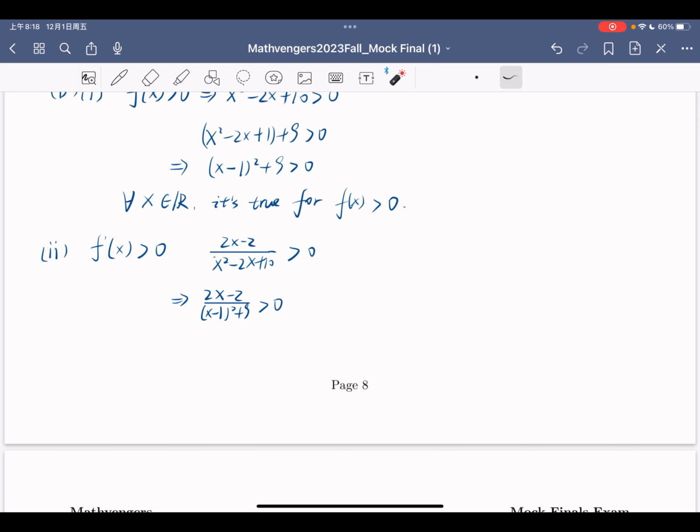So the only thing we need to consider is the numerator. The numerator is 2x minus 2, so we must let 2x minus 2 be greater than 0. So we get x should be greater than 1. So we write for any x greater than 1, the first derivative is always positive.